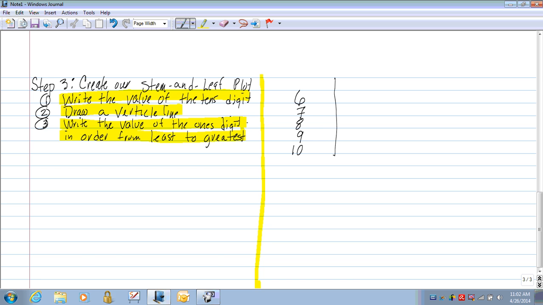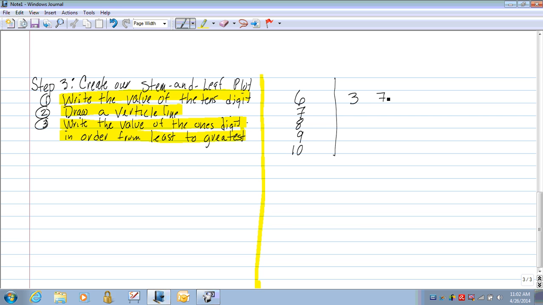So let's do that. If we look at our data, by the 6 tens, we had 63 and 67. Well, on the left, this is our value of our tens, 60. If we have a 63, then our ones would be a 3. And if we have a 67, the other one would be a 7.